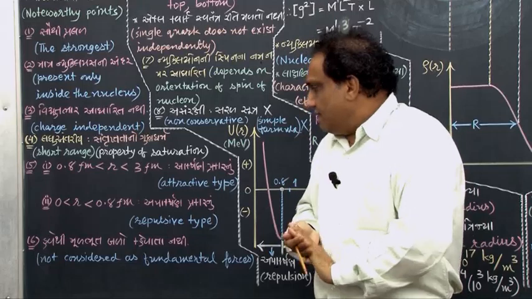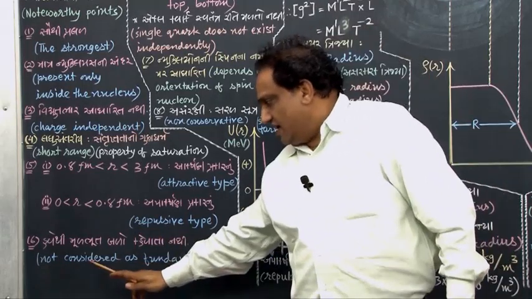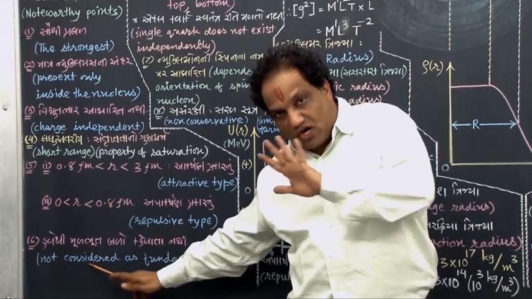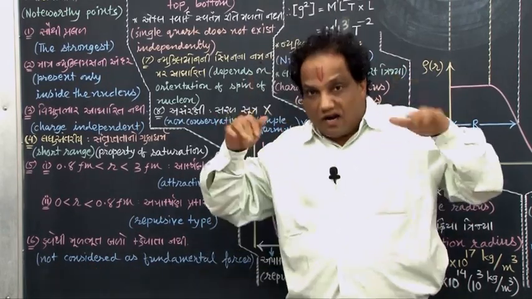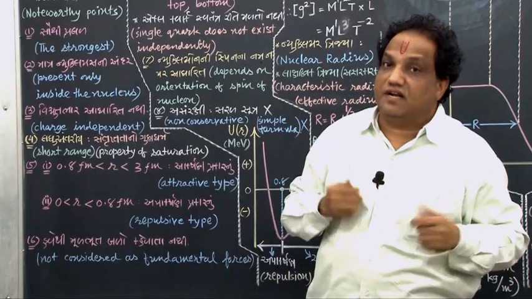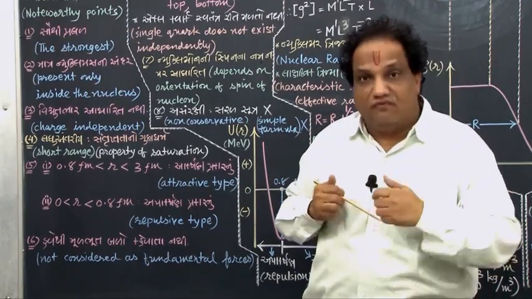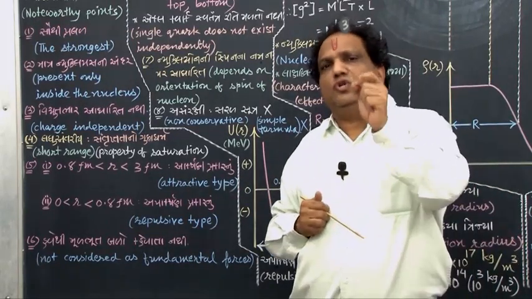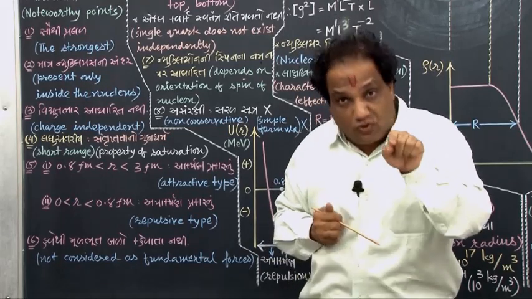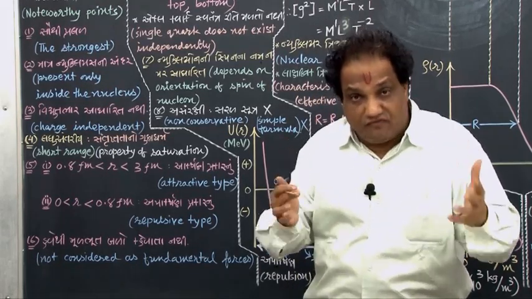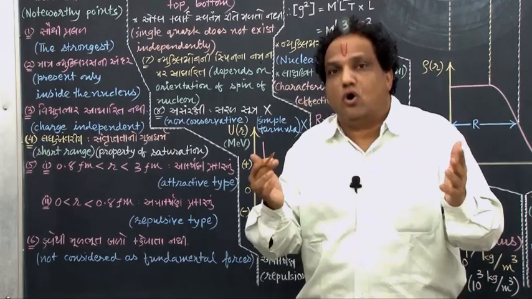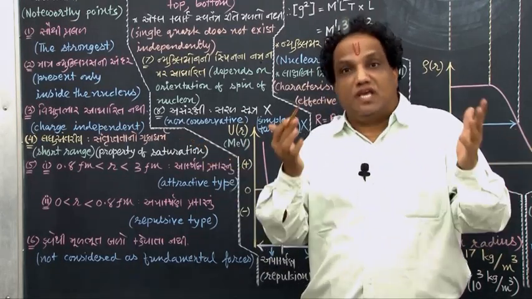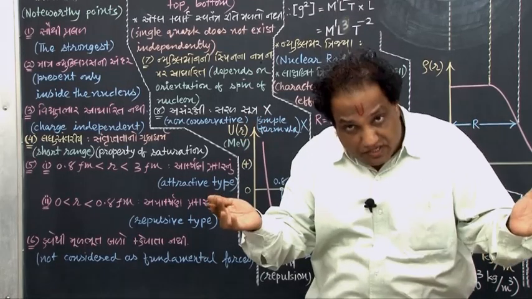Then nowadays these nuclear forces are not considered fundamental forces. Earlier nuclear forces were considered fundamental forces, but now we have come to know that neutron and proton inside the nucleus are made up of further smaller, more fundamental particles called quarks. So they have their own quark composition.